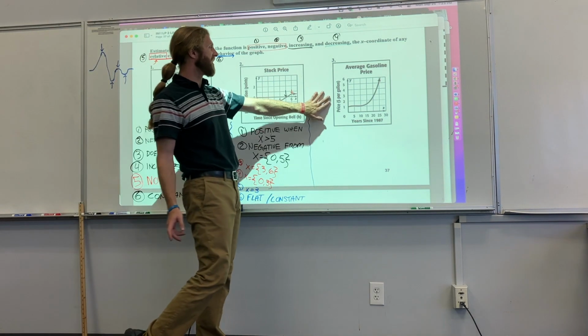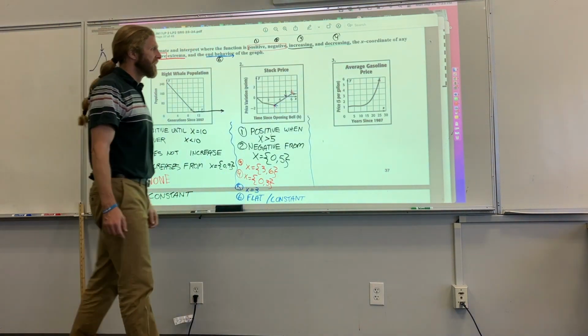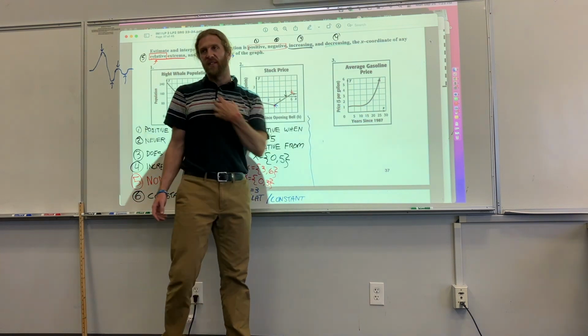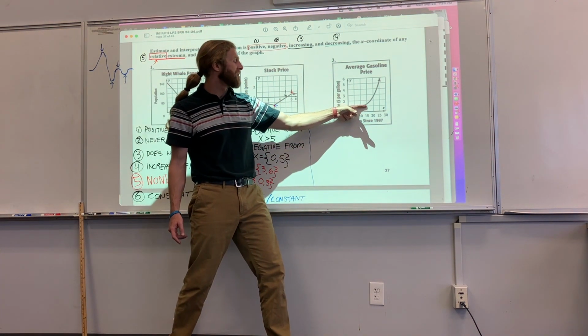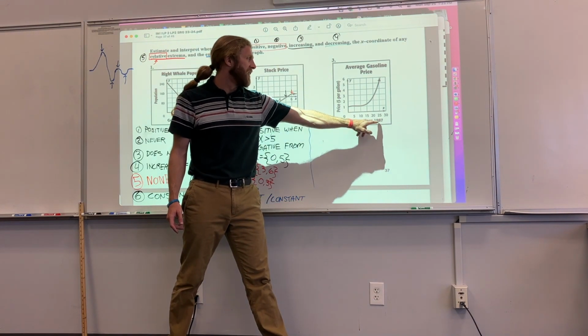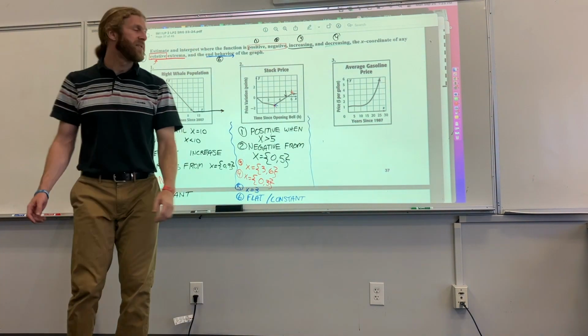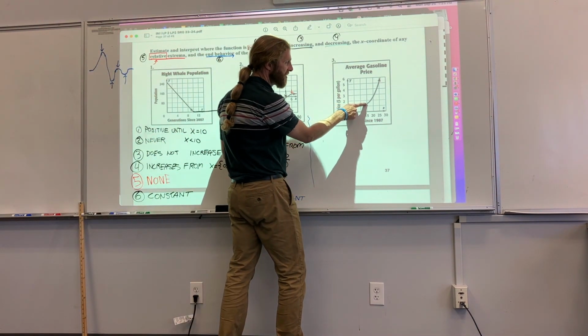Number 3, the final one on the page, average gasoline price. This is something my parents laugh at me about, by the way, because they had this nice, gentle price a while ago. Since '87. Mr. Bell was born in '85, so this is basically the price of gas until I got to drive.